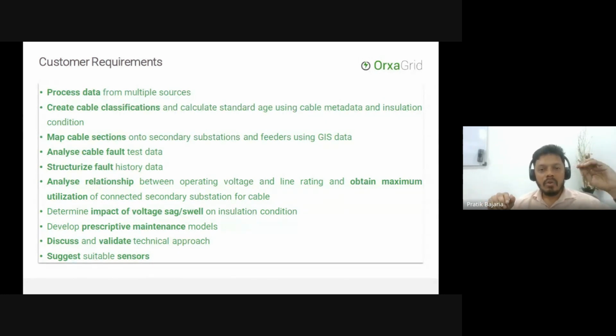Okay. So if you are a customer and you want to go for a solution given by, let's say, OrxaGrid, what are the different questions that you should ask, or that we know come to OrxaGrid customers? Definitely we need to know the sources from where the data is going to be fetched.